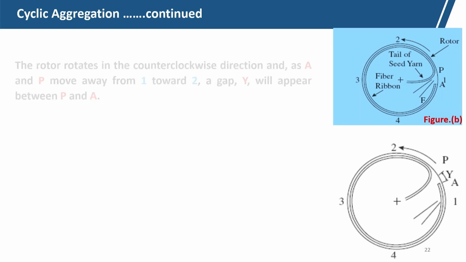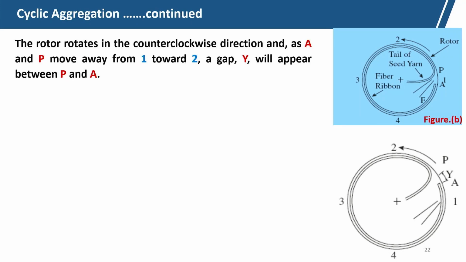Now, you can see the rotor rotates in the anti-clockwise direction, counterclockwise direction, and A, the point where the fibers are depositing, and point P move away from point 1.